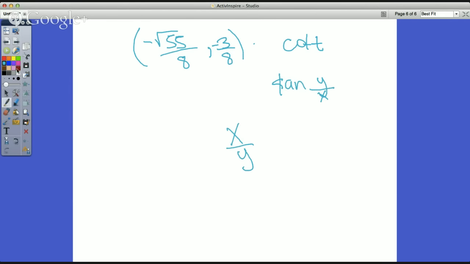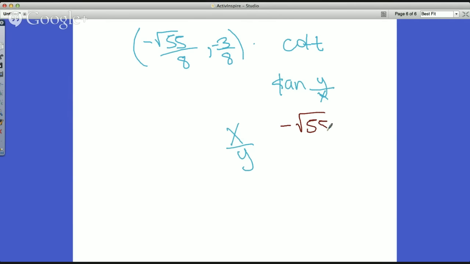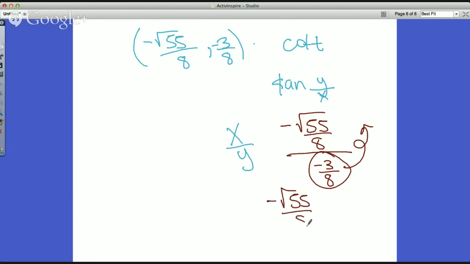So when we plug in, our x would be negative square root of 55 over 8, all over negative 3/8. So I take the reciprocal of the bottom to the top to get negative square root of 55 over 8 multiplied by negative 8 over 3. The 8s will cancel like a cancel party, leaving me with negative square root of 55 over 3.